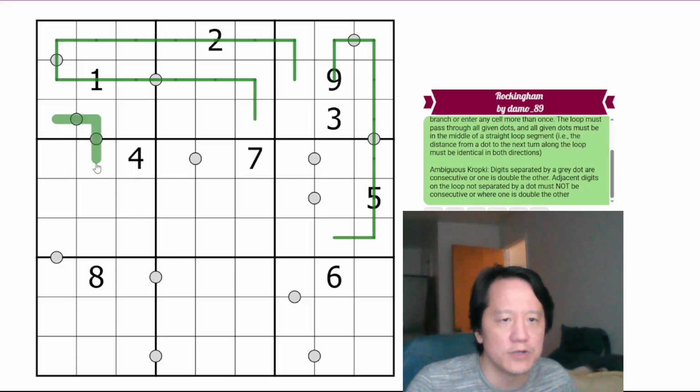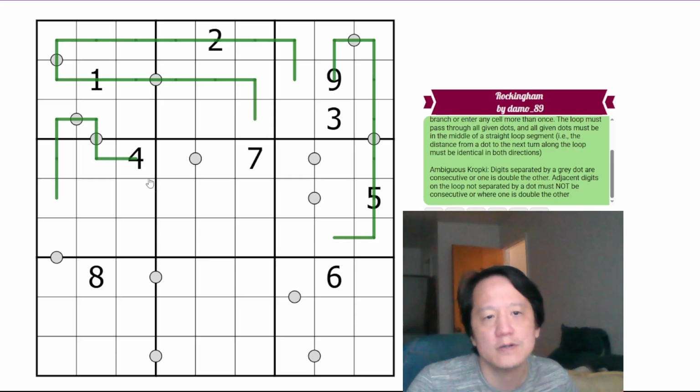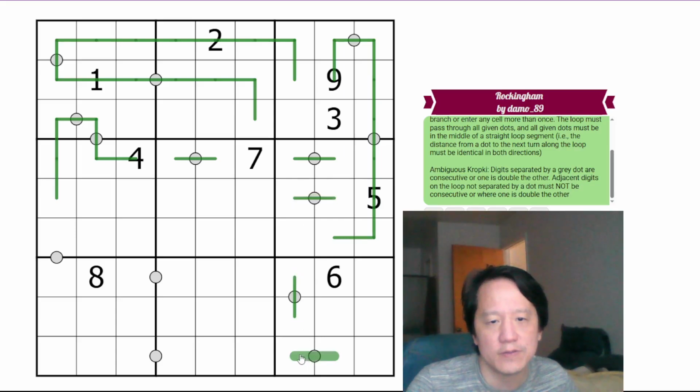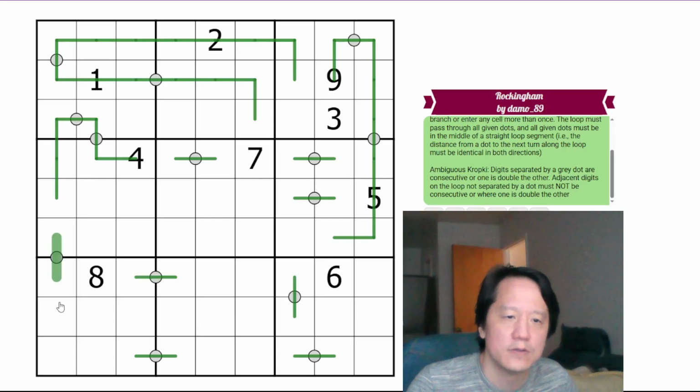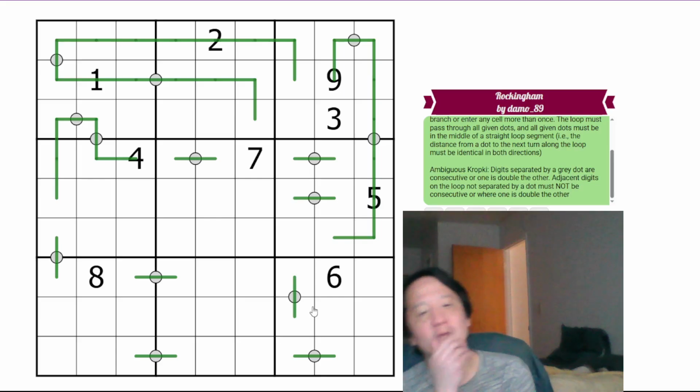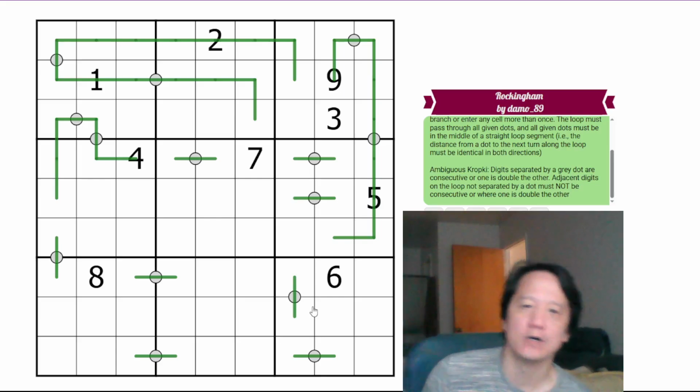These are turning once here, so that must turn again. This must turn here. It continues there. We have to have there, there, there, here, and here. Okay, so this is the loop we're on.